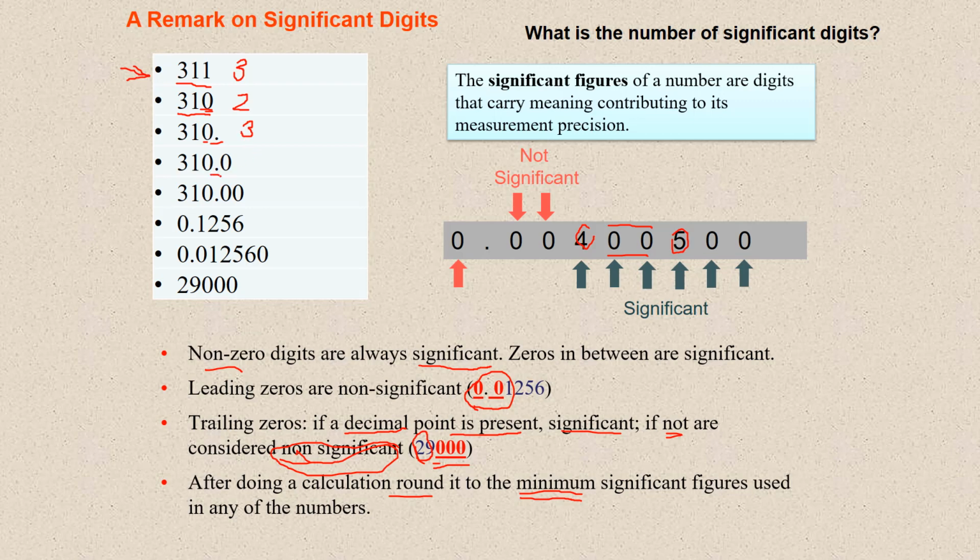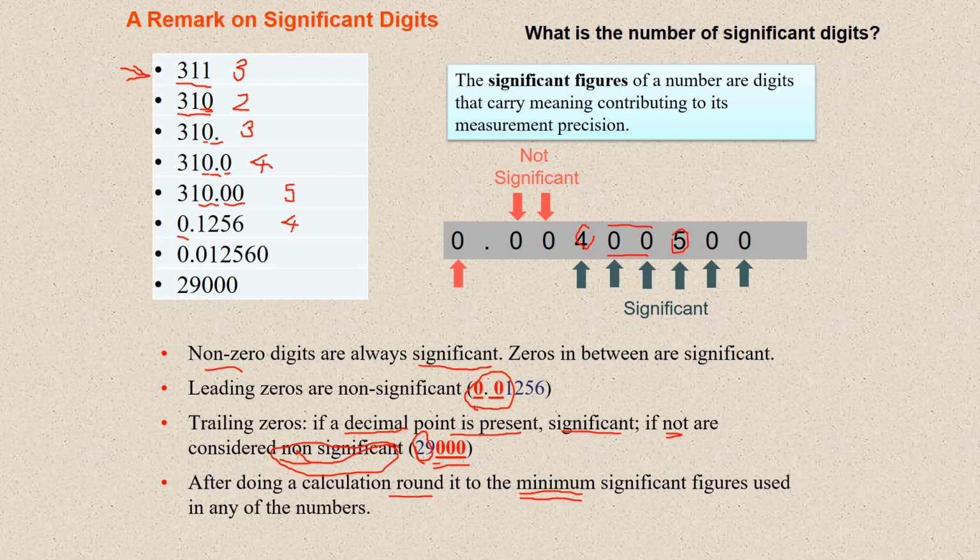310.0, now there is a decimal in place, so all zeros are going to be considered significant, and it's going to be 4 significant digits. Then 310.00, of course there is a decimal, so trailing zeros are considered significant, so there would be 5 significant digits. Then 0.1256, of course there's a decimal, however the leading zeros are going to be considered non-significant, so 0.1256 would have only 4 significant digits.